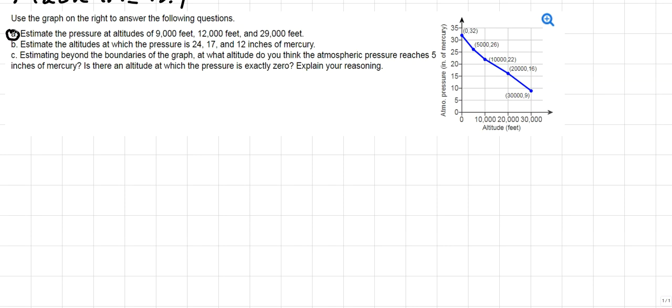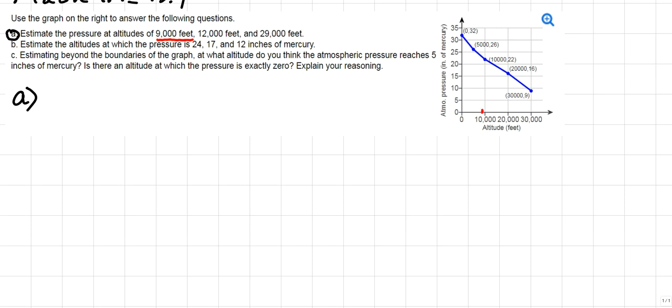And we're going to estimate the pressures at altitudes of 9,000 feet, 12,000 feet, and 29,000 feet. So we're going to go back to the graph and look for where we approximately find 9,000 feet, which is somewhere right around here.